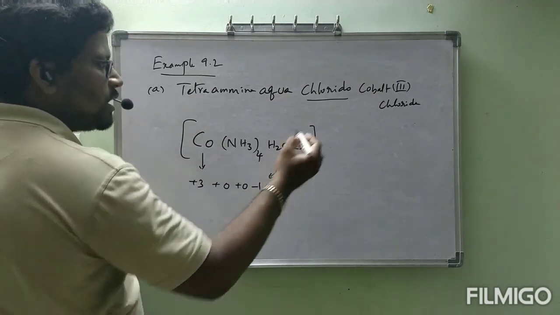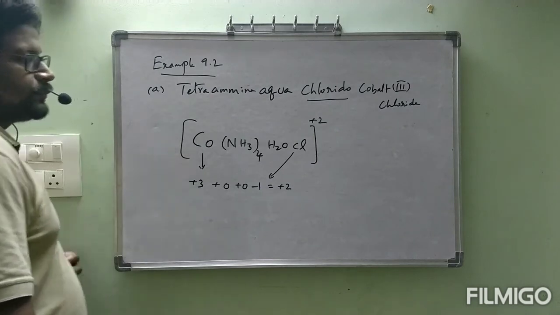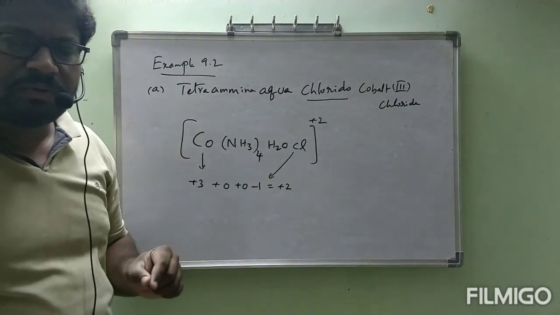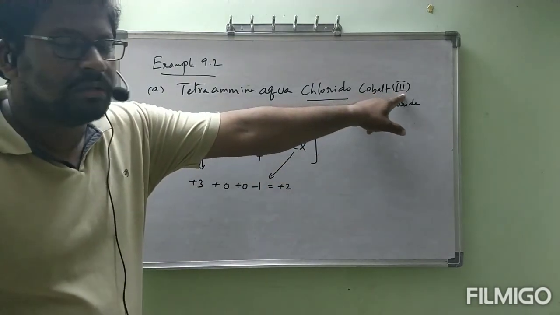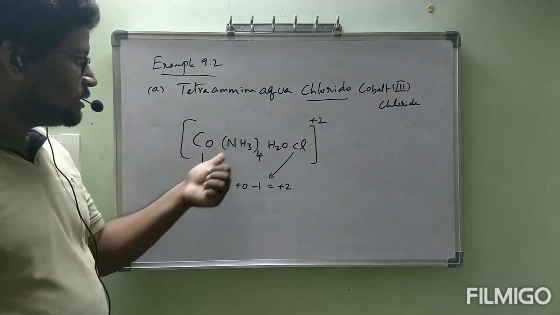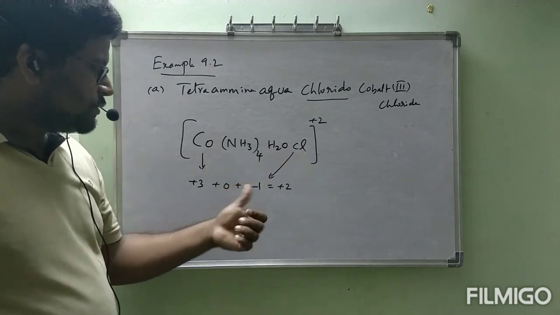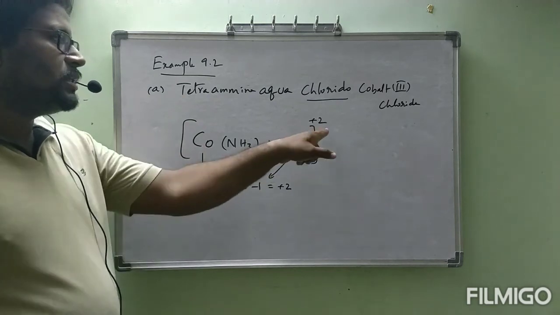This is the total complex charge. Sir, how do you know cobalt carries plus 3 charge? See, they wrote in bracket Roman number III, so plus 3. Next, NH3 0, H2O 0, Cl minus 1 we know. If you add all these, we get plus 2. That is the total complex charge.